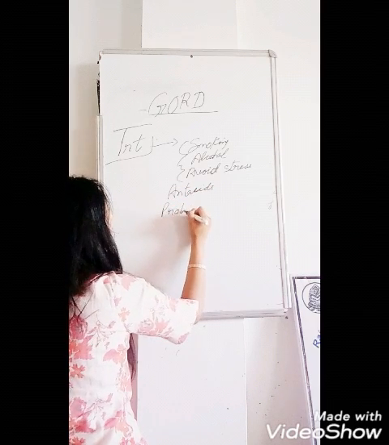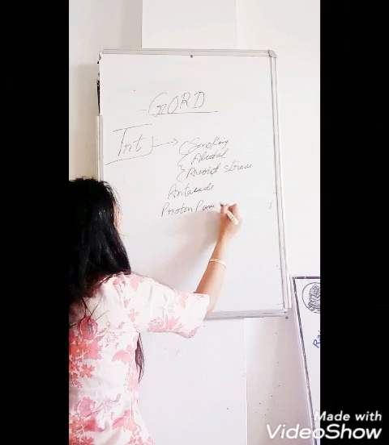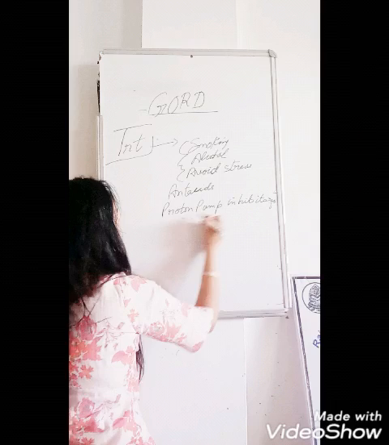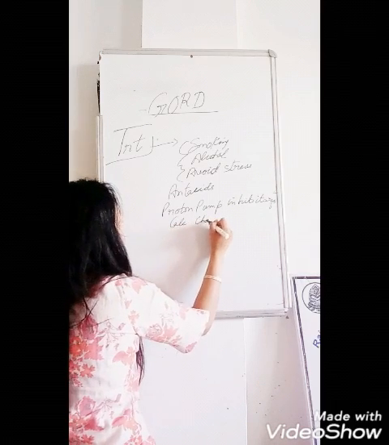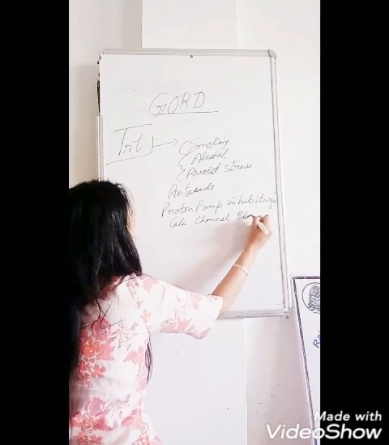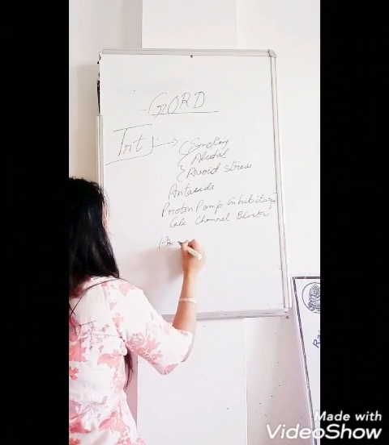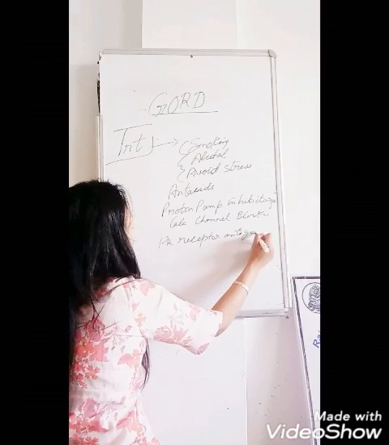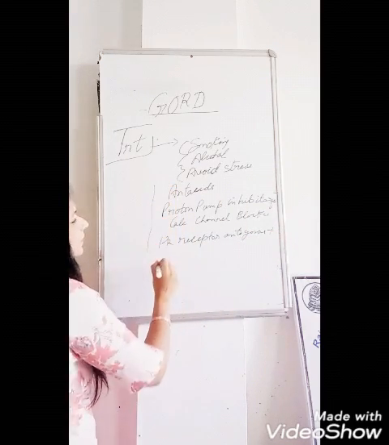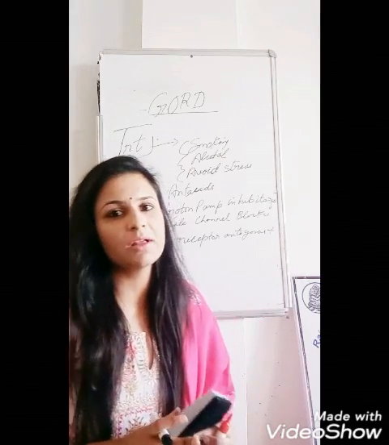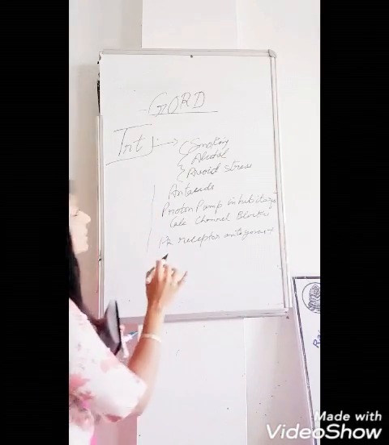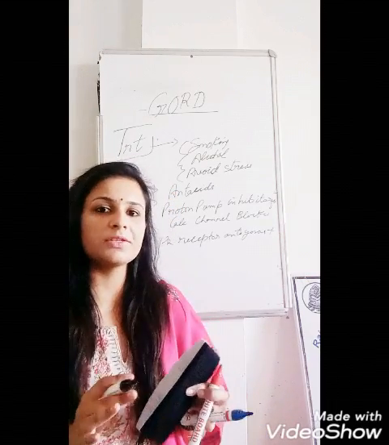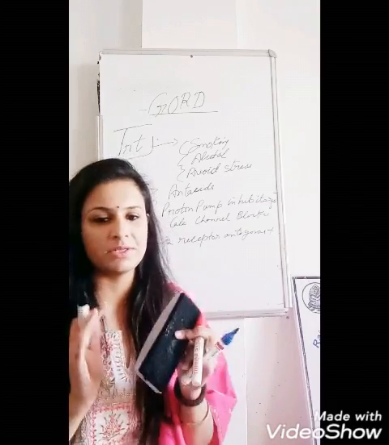Proton pump inhibitors, calcium channel blockers, and H2 receptor antagonists. So all these are given in the case of peptic ulcer also. So these medicines you have to give. Along with this, you have to convince the patient to avoid stress.